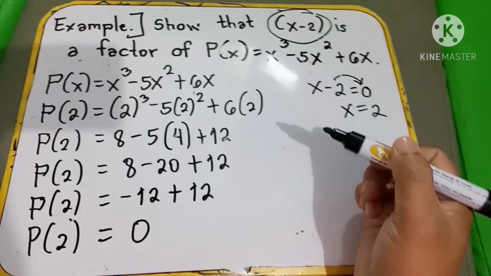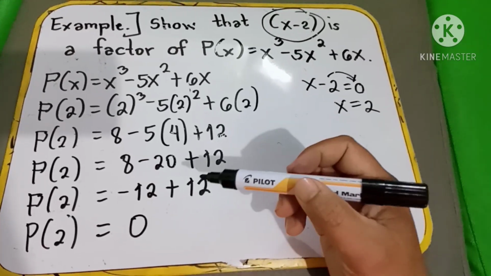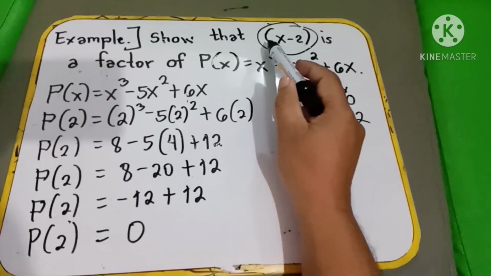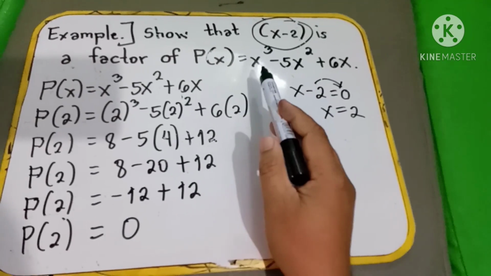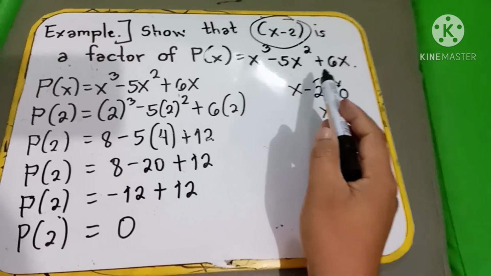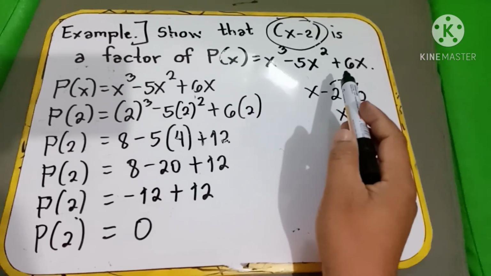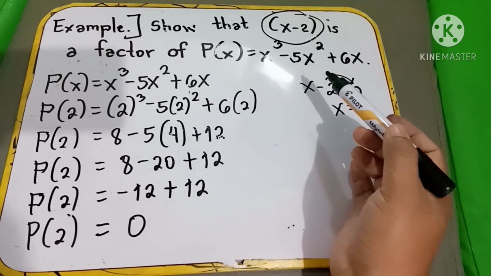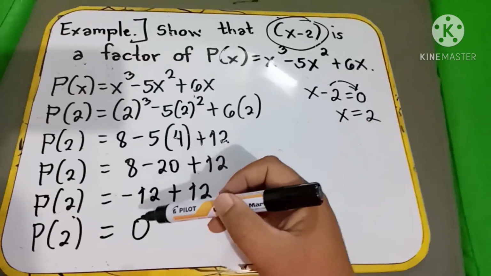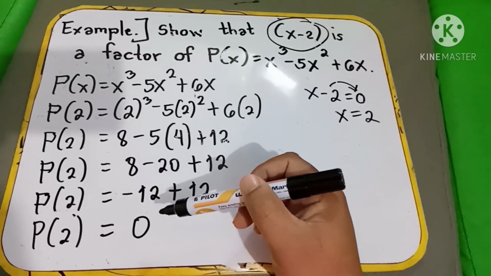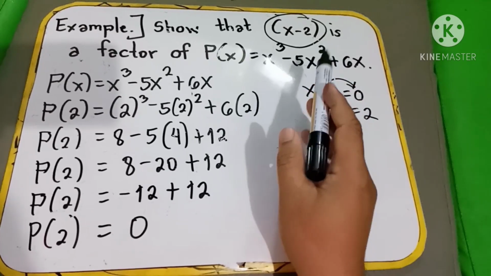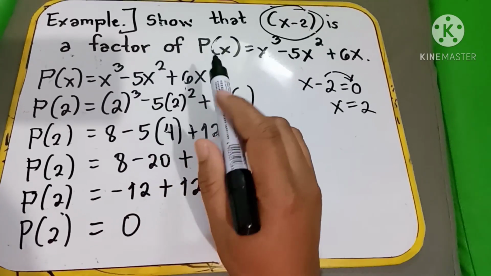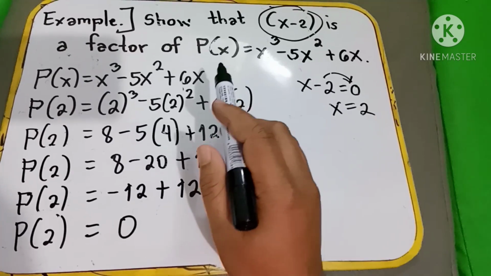As you can see, the result is 0. Therefore, we can now say that x minus 2 is a factor of p of x, or the polynomial x cubed minus 5x squared plus 6x. In case our result is not equal to 0, then we can say that x minus 2, or the divisor, is not a factor of p of x, or our polynomial.